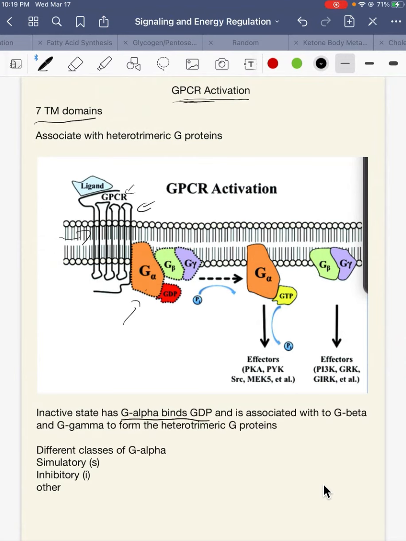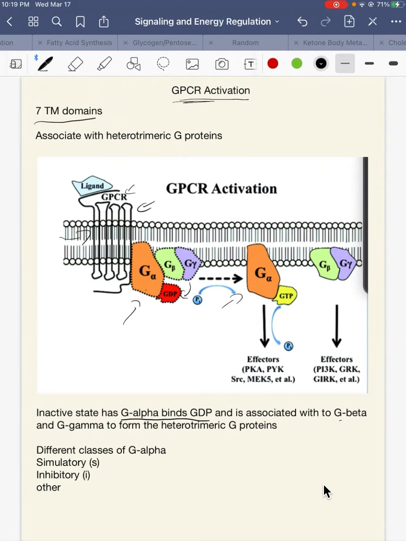And then once a ligand binds and it gets activated, it dissociates, and then it has GTP bound to it. And then it can go and phosphorylate other things in the cell. G beta and G gamma can actually do some signaling of their own, but usually their job is to hold G alpha when it's bound to GDP.